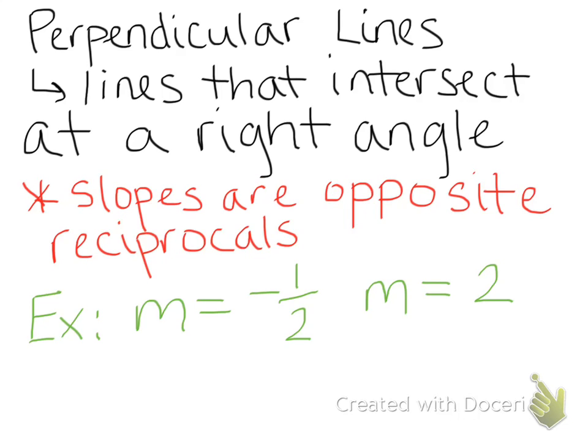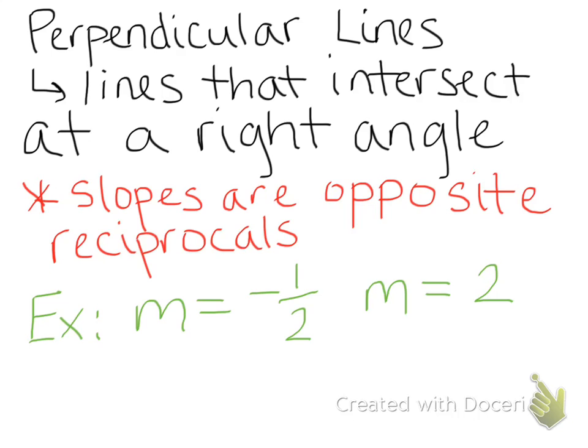Perpendicular lines. These are two lines that intersect at a right angle. So when they cross, they make a right angle. And the way that we can tell whether the lines are perpendicular is by looking at their slopes and if they're opposite reciprocals. Now I put an example of what opposite reciprocal means. That means they have different signs.